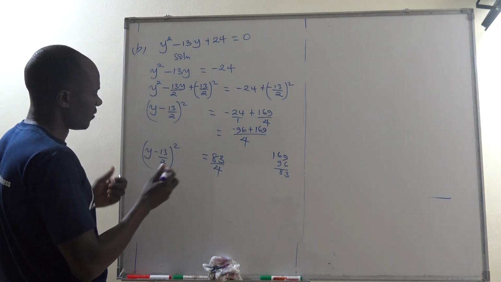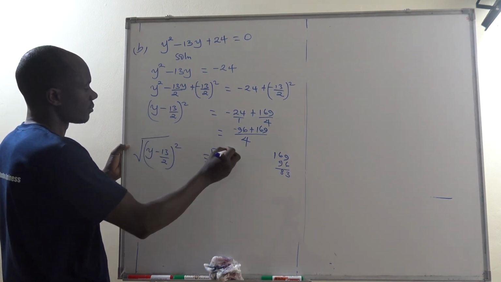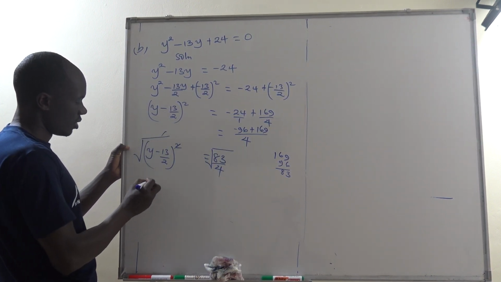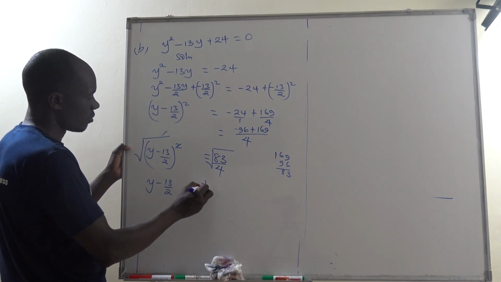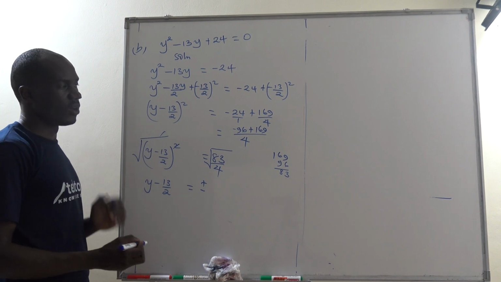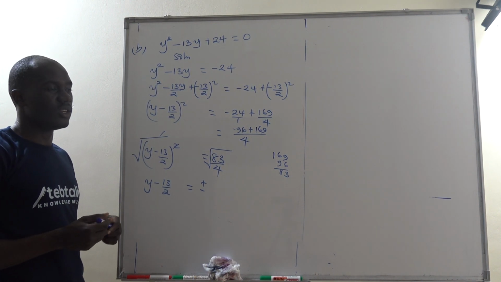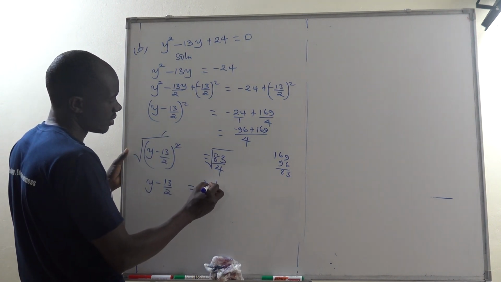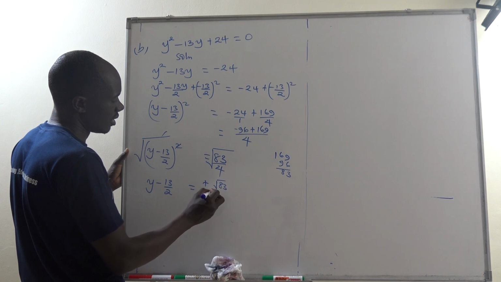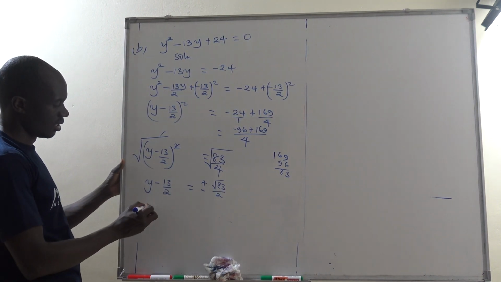You can go ahead and take the square root on both sides. This one disappears. So I've got y minus 13 out of 2 equals plus or minus. Then you are free to substitute in on your calculator. Then you do the applications. So this one will be plus or minus root 83 out of 2. This is a negative. When it goes there, it becomes a positive.